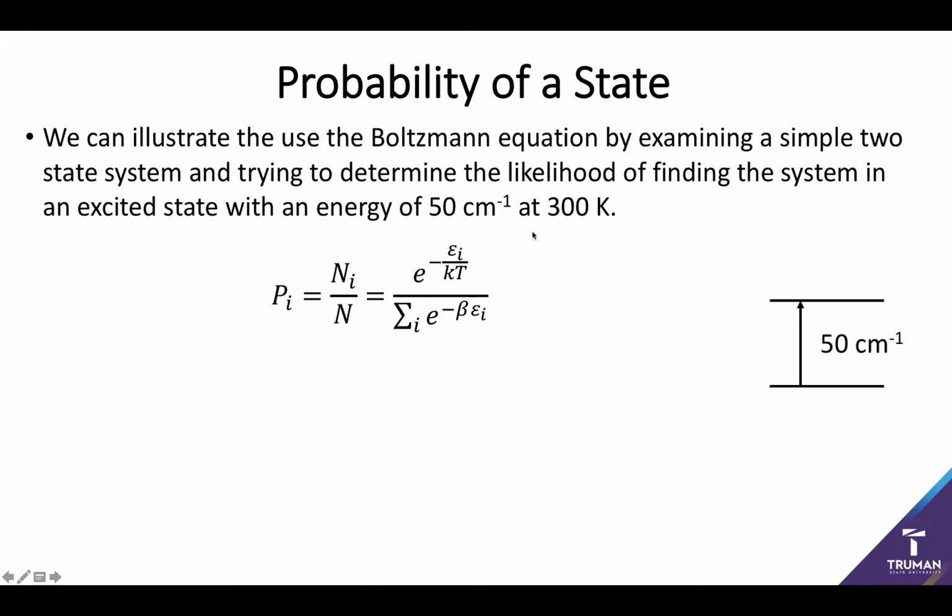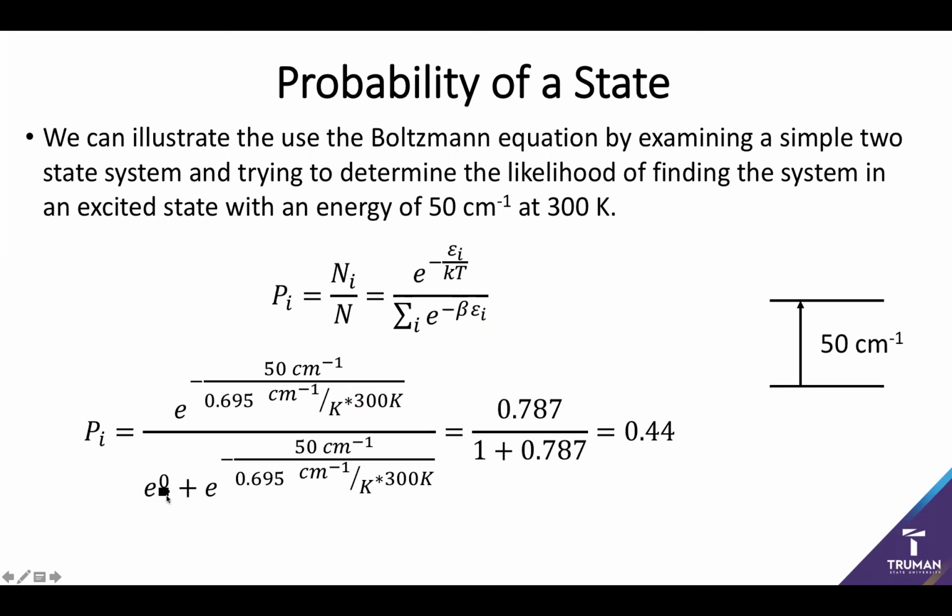I can do this by making use of my Boltzmann equation, where the probability of finding it in my state i is going to be related to the exponential of the energy of the state that I'm looking at over kT, over the sum of all possible cases. In this case, it should be fairly simple, as this bottom term, which is really just my partition function, is only going to include two possible states.